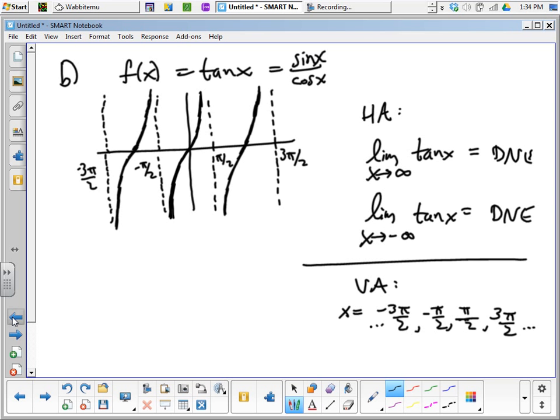Would it be pi over 2 plus pi, or 2 pi, or 3 pi, or 4 pi? Okay, pi over 2 plus k pi. Good. Yeah, there's two ways of looking at this.